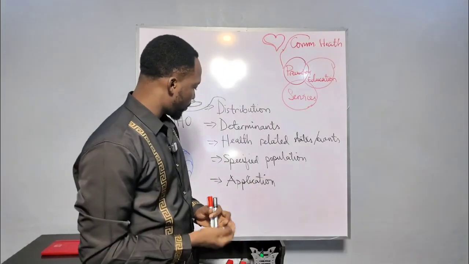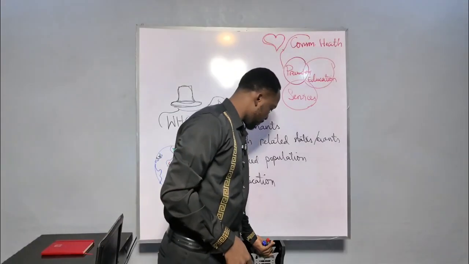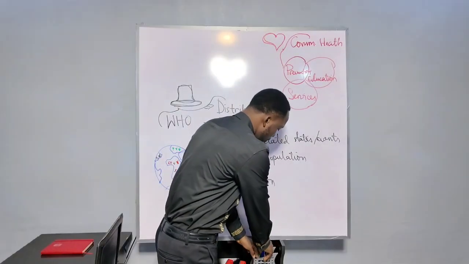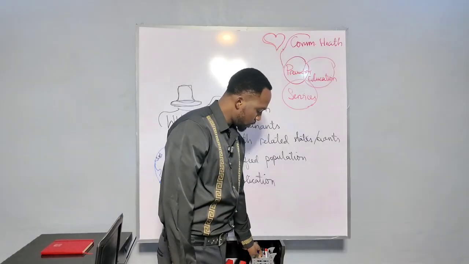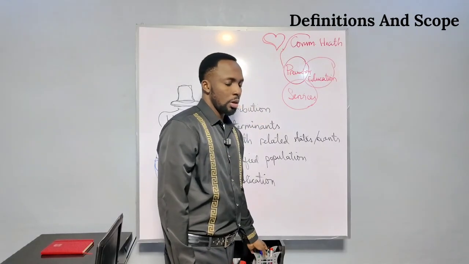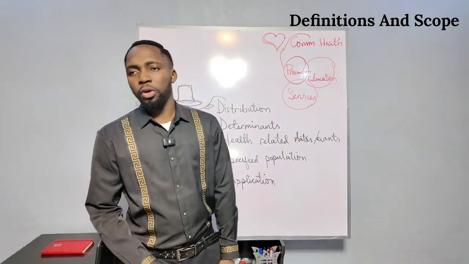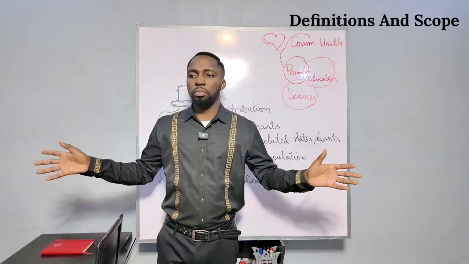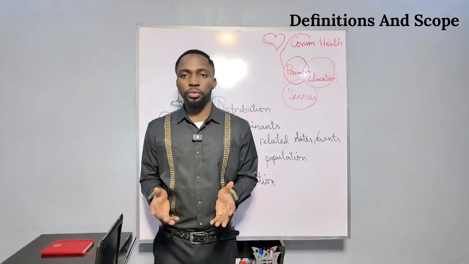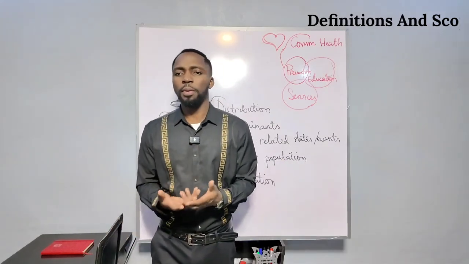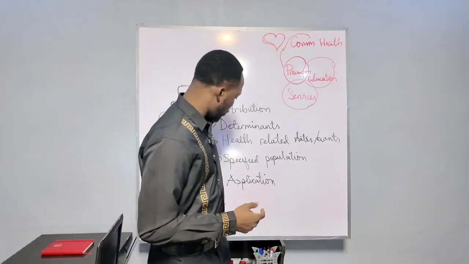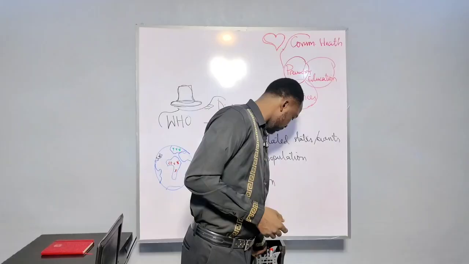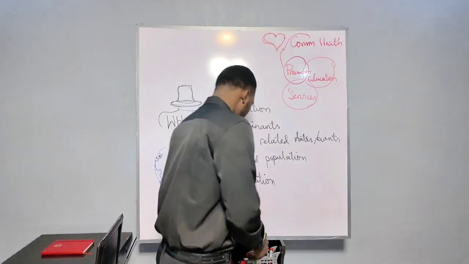So the scope of epidemiology and community health is wide. And epidemiology, for instance, can be descriptive epidemiology, which focuses on what's happening, where that's happening, and who is affected. So let me give you an example.